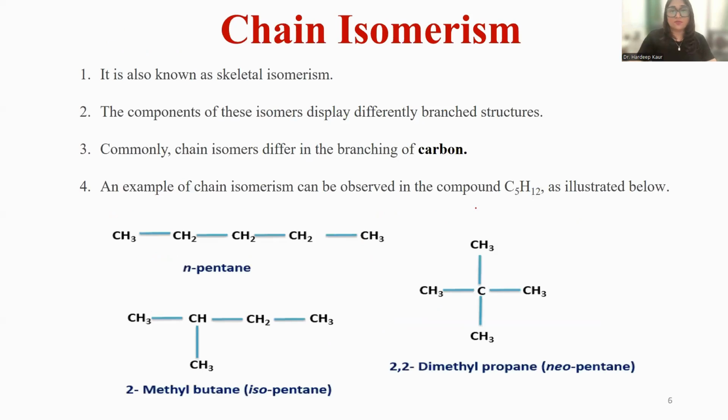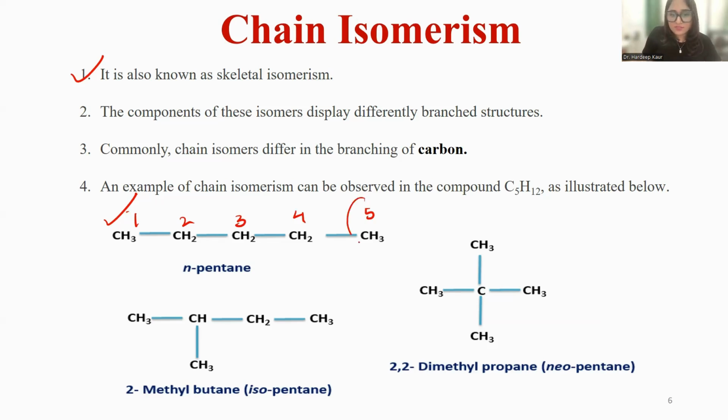Let's talk about the first, the chain isomer. It is skeletal isomerism, in which the isomers display different branch structures, commonly of carbon chains. Like this carbon chain, with 1, 2, 3, 4, and 5 carbons. If these five carbons are in a longer chain, it is normal pentane.